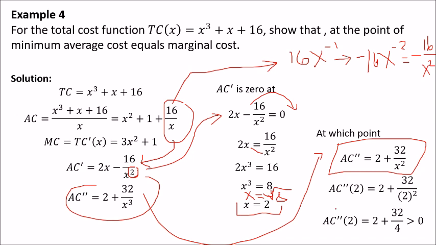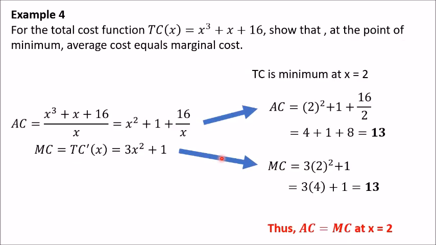So, pero hindi pa dyan nagtatapos kasi ang tanong dito is, pagkita natin na yung average cost equals the marginal cost. So, the question is, at the point of minimum, average cost equals marginal cost. So we have to show this. From the previous solution, we have the average cost is equal to x squared plus 1 plus 16 over x.